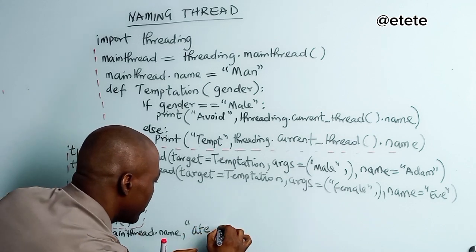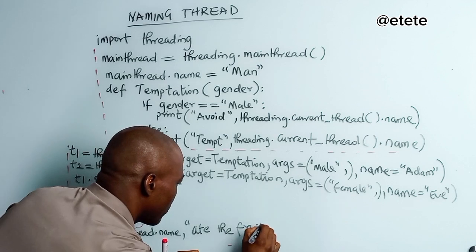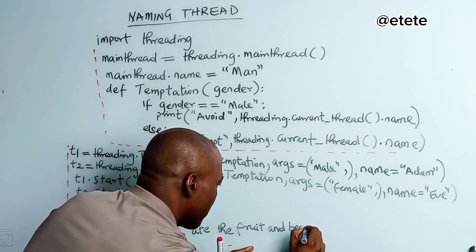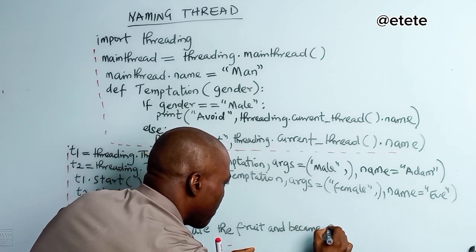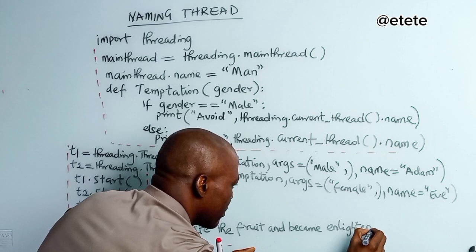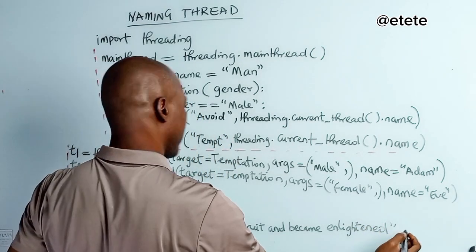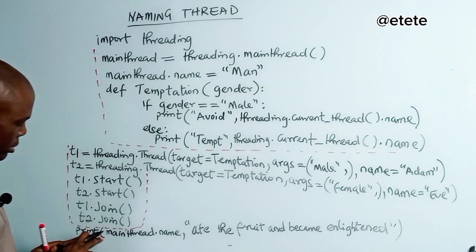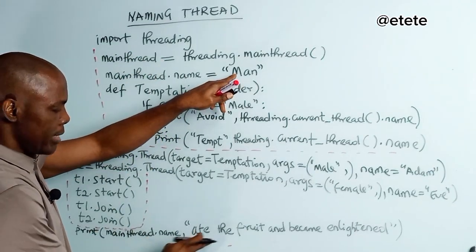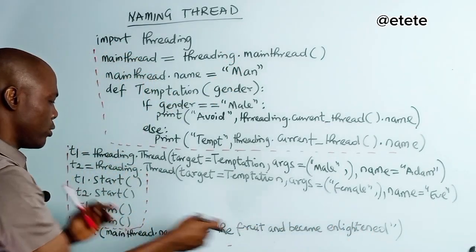Ate the fruit and became enlightened, right? I'll put this here. Ate the fruit and became enlightened. So print main thread dot name, which is what? Man ate the fruit and became enlightened. So that is what I want you to print out.